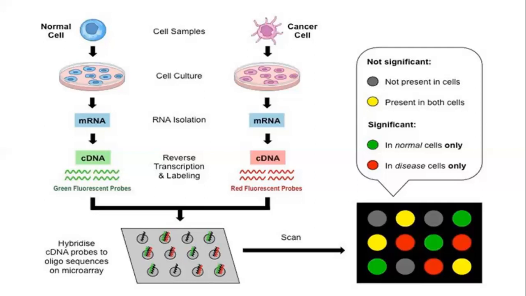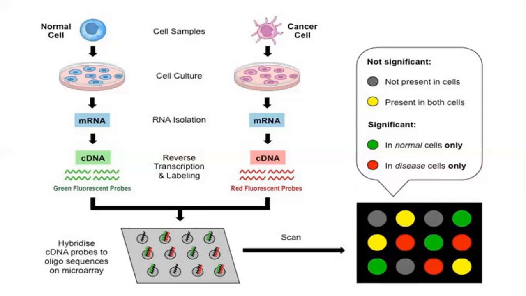Here you can see that in case of a gray spot, it means the DNA is not present in the cell. In case of a yellow spot, it is present in both cells, meaning the DNA fragment is present in the normal cell as well as the cancer cell. And when it is gray, it means both types of cells don't have this particular DNA fragment.